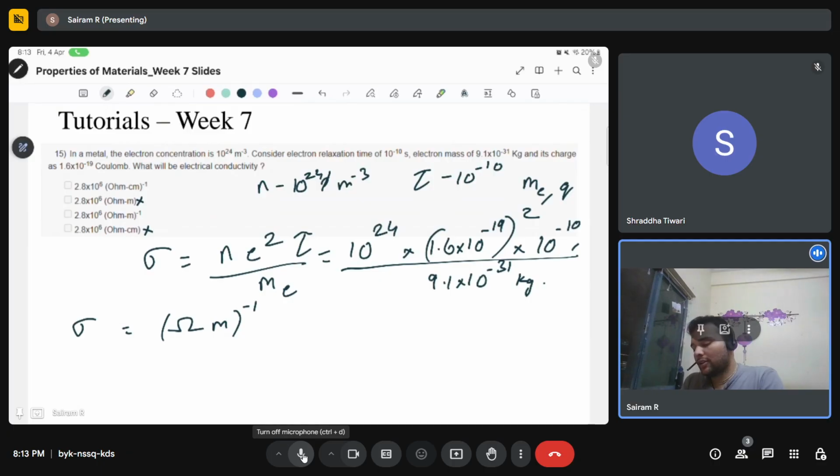Apart from kg, which if we convert to grams, everything else is given in SI units already. So we have already eliminated two of these options, so it's either 2.8 into 10 power 6 ohm centimeter inverse or ohm meter inverse. That's the only thing we have to worry about. When we solve for everything, we end up with 2.8 into 10 power 6 ohm meter inverse.